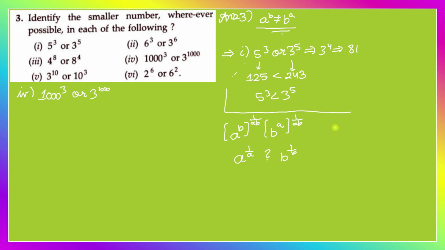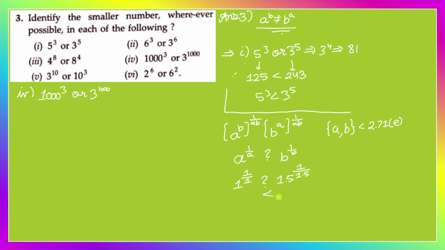If a and b are both less than 2.71, that is the value of e, then the smaller value will be smaller. For example, 1 upon 1, and for comparison 1.5 to the power of 1 divided by 1.5.